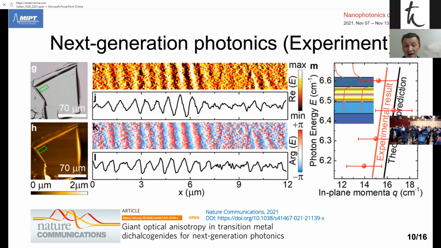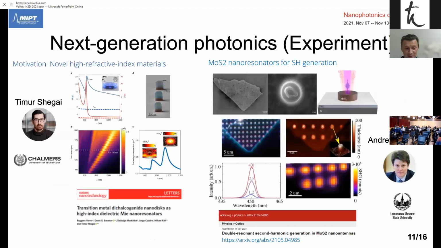We used scattering near-field optical microscopy to characterize the efficiency of our waveguide, and the measured dispersion for the waveguide, together with the corresponding theoretical predictions, is shown on this slide, and found to be in really good agreement between theory and experiment.